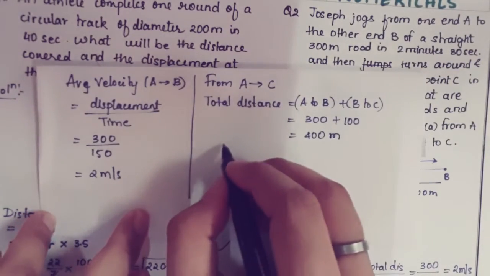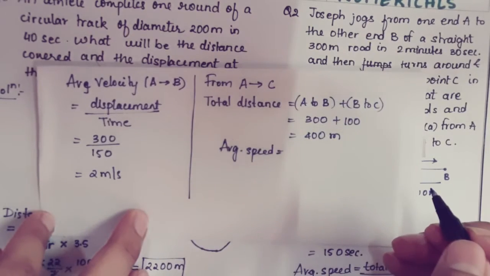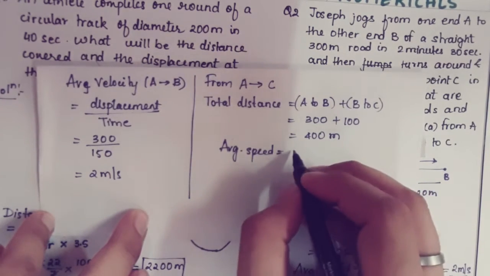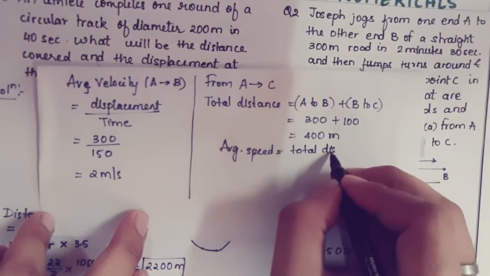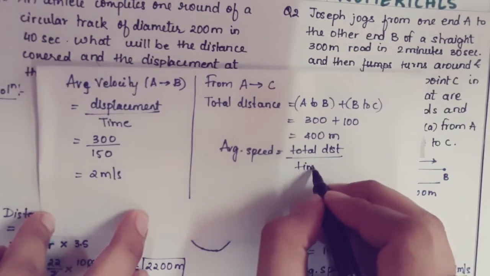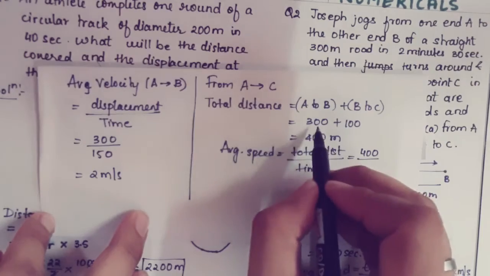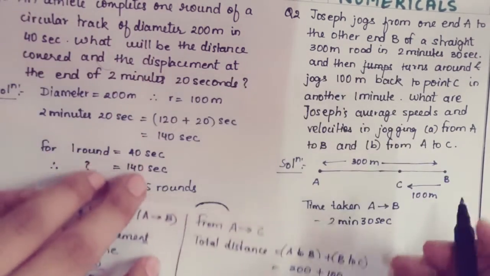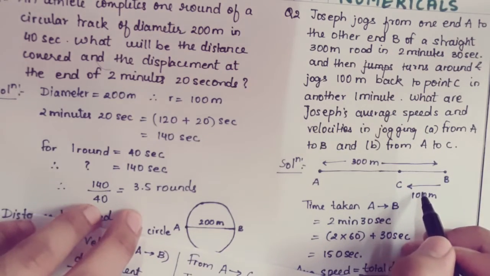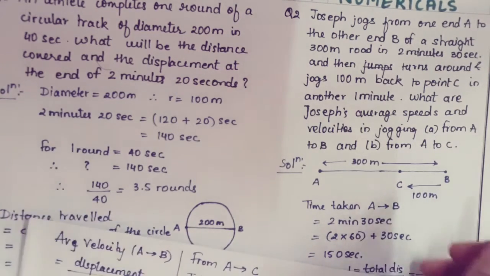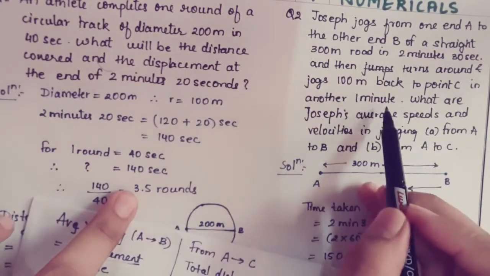So average speed will be total distance upon total time. Total distance is 400 and the time taken is 150 seconds, plus to travel 100 meters the time taken is another 1 minute.